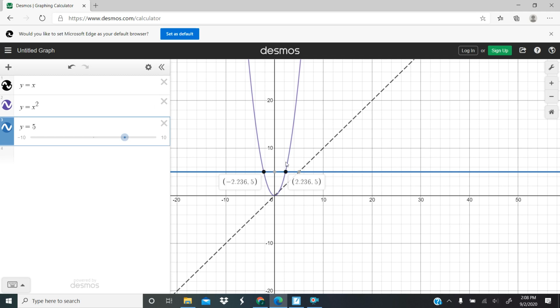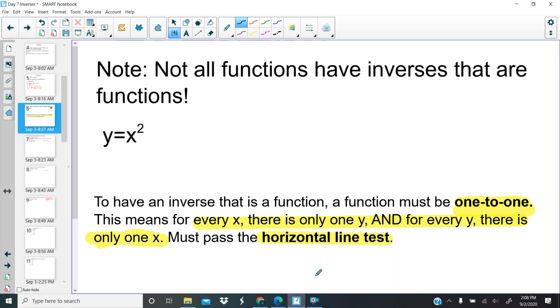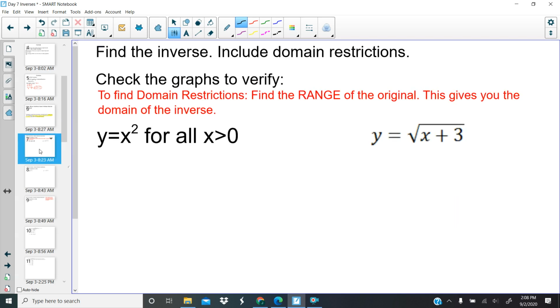If you go up and down the graph with a horizontal line, any place that it can hit 2 points means that the inverse is not a function. So if it doesn't pass that horizontal line test, then the inverse is not a function, and that means it's also not a one-to-one function, because for every y there is not only one x, or for every x there's not only one y. Either way. That's what we're going to talk about in this next slide here.